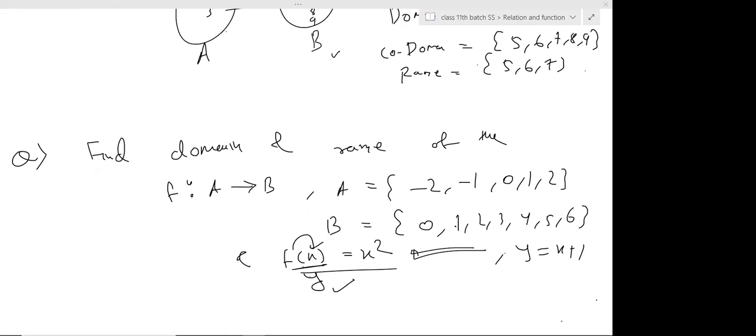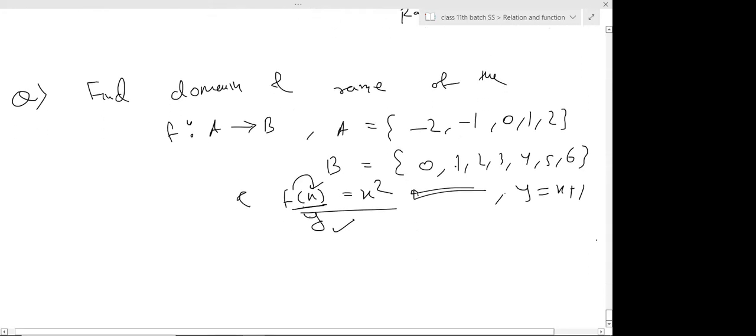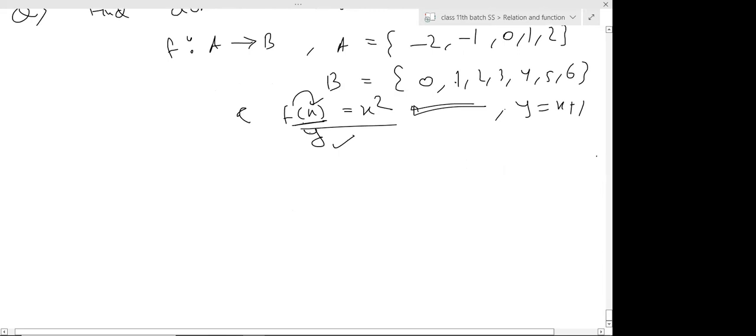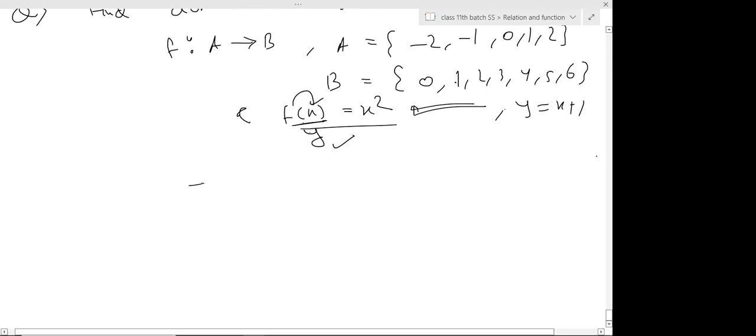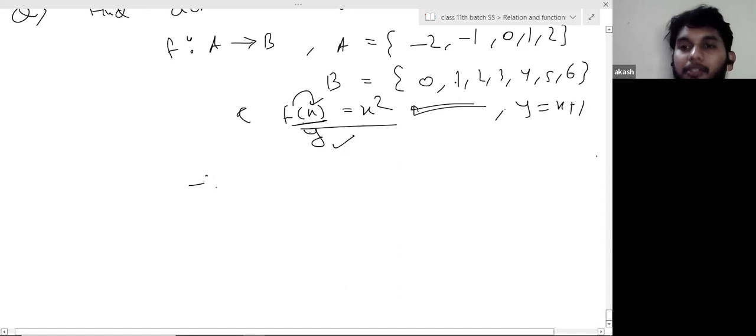So domain would be -2, -1, 0, 1, and 2. And the range would be... No, you only have to write down the images.